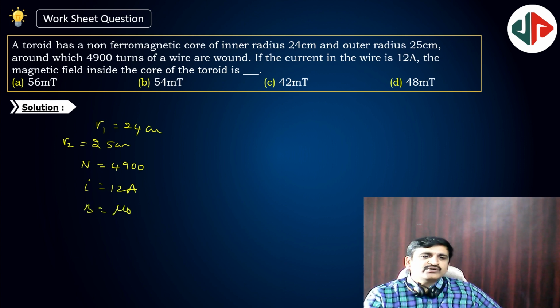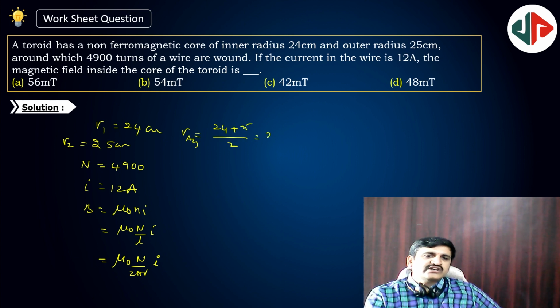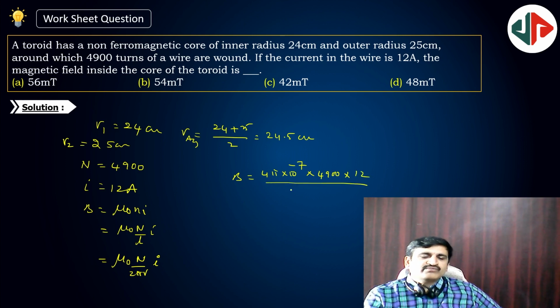B is equal to mu naught N i, that is mu naught number of turns per unit length into I, which is mu naught N by 2 pi R into I, and R you have to take as average. Average is 24 plus 25 by 2, which is 24.5 centimeter, and you need to convert it. So B is equal to 4 pi into 10 to the power of minus 7, number of turns 4900 into I equal to 12 amperes by 2 pi R. 2 pi R value is 24.5 into 10 to the power of minus 2.